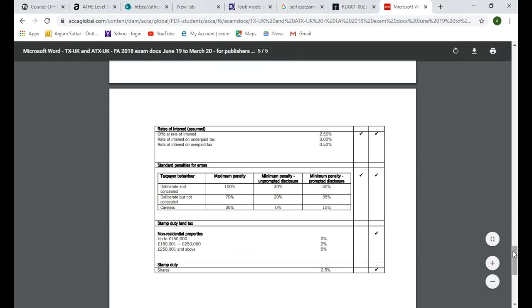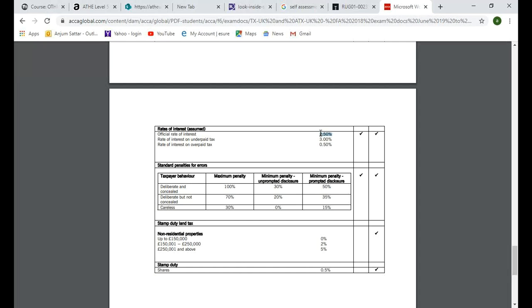And if we have an outstanding tax, we know the base rate. Base rate is the basic interest rate. We have 0.75% now. But the official interest rate, if you have outstanding tax, is 2.5%. The rate of interest on unpaid tax is 3%. The rate of interest on overpaid tax: if we overpay the tax and HMRC pays us back, they should refund with interest of 0.5%.